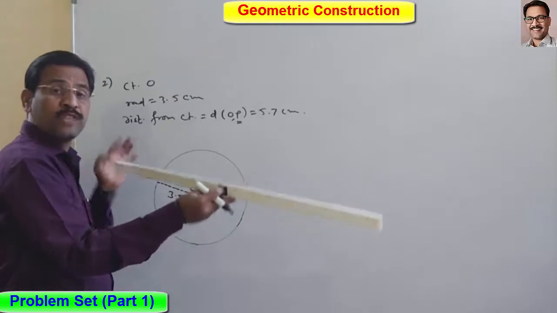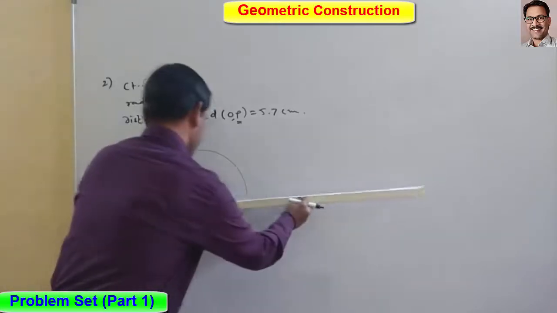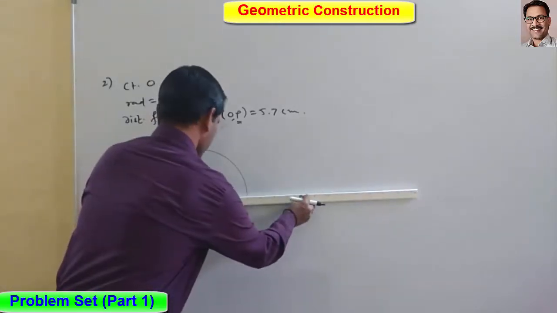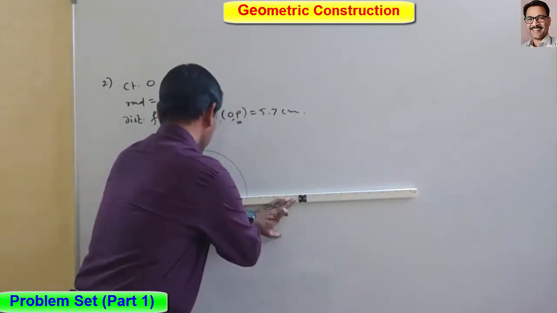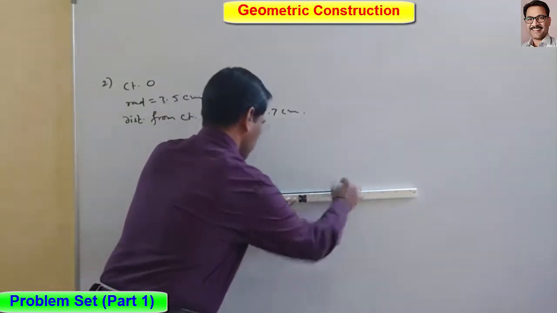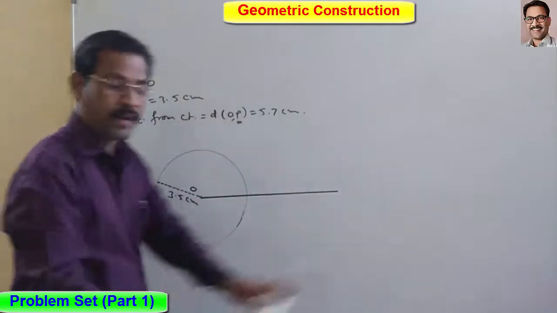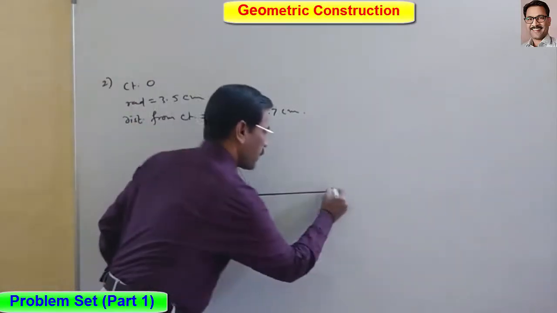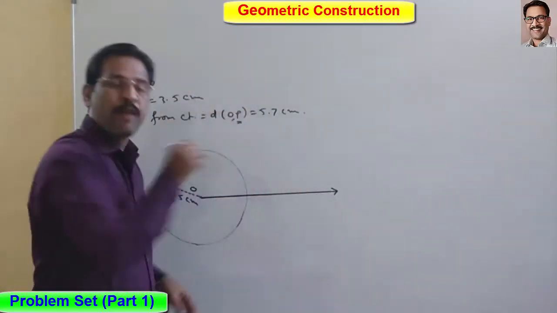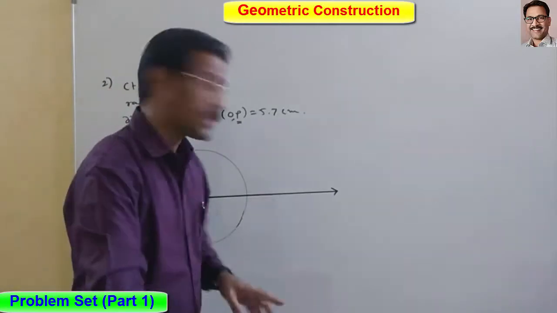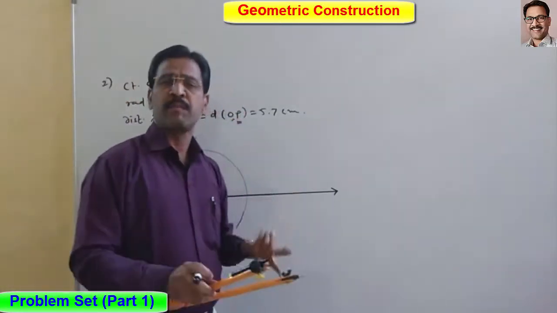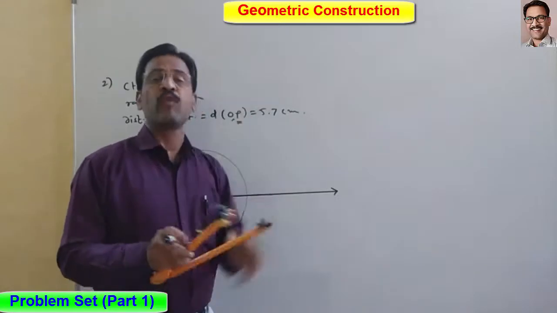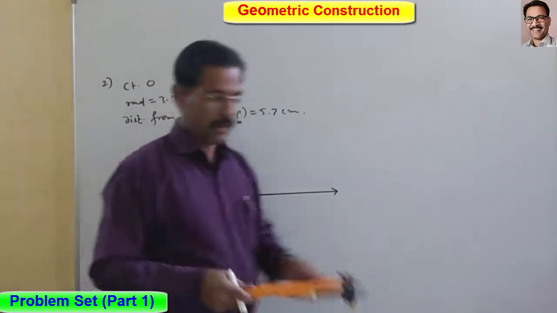First I am going to draw one ray here. Just look here. This is only one ray. On this ray, we have to take point P at a distance of 5.7. Already we have drawn these kinds of examples, like 4.1 and 4.2.